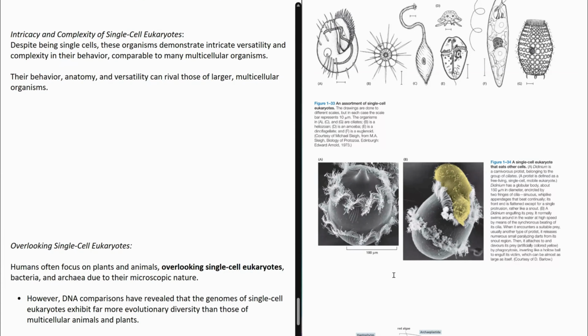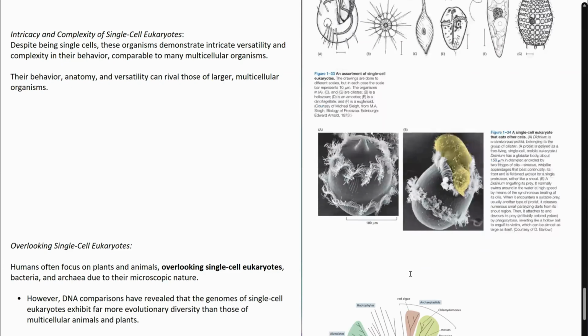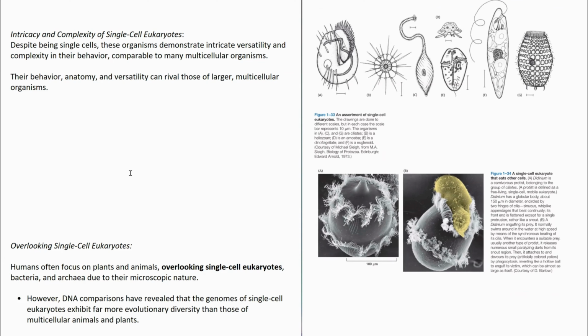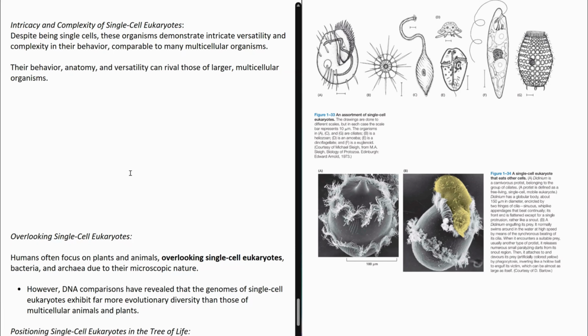So yes, there are intricacies and complexities in single-cell eukaryotes, a lot of versatility we're going to take a look at, and a lot of complexity in behavior. Just because they're small and generally simpler doesn't mean they have simple behavior. Especially when it comes to proteins, there's a lot of variety and versatility in structure and function.